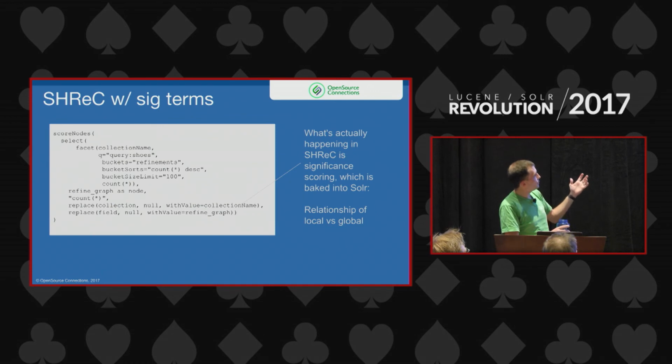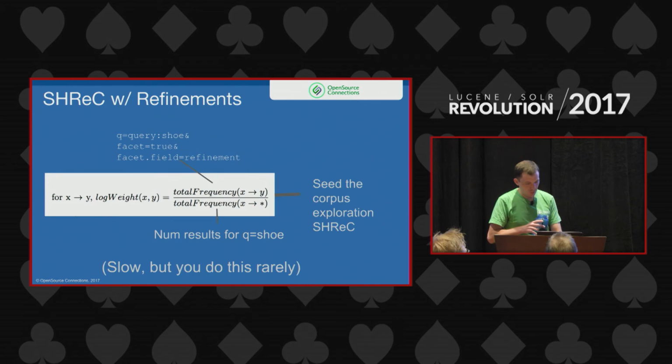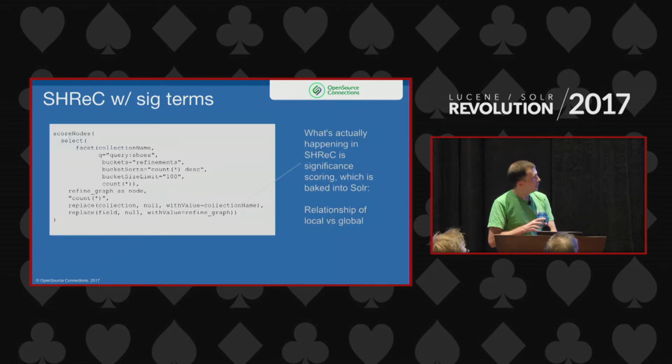So a lot of what Shrek is doing when it's doing the simple division here is significant scoring. And I just wanted to point out that if you're using streaming expressions, you can do what's called a significant terms facet. If you see any of the talks on streaming expressions with recommendation systems, basically what this is saying is what queries are recommended for this root query.